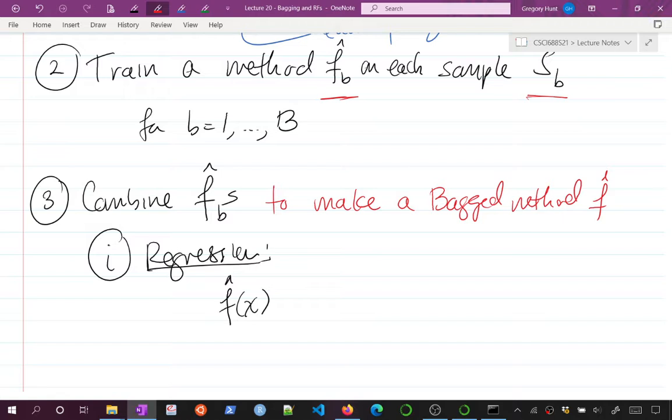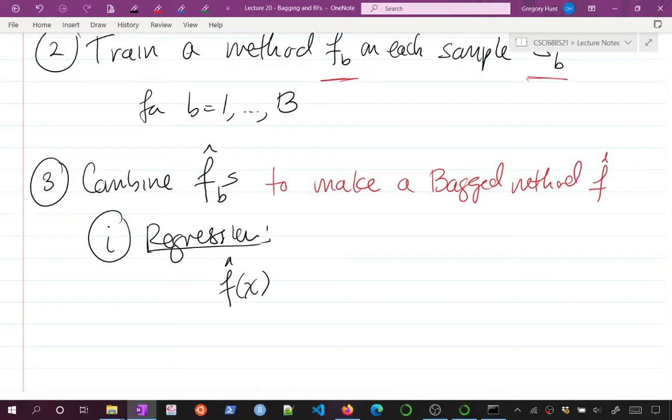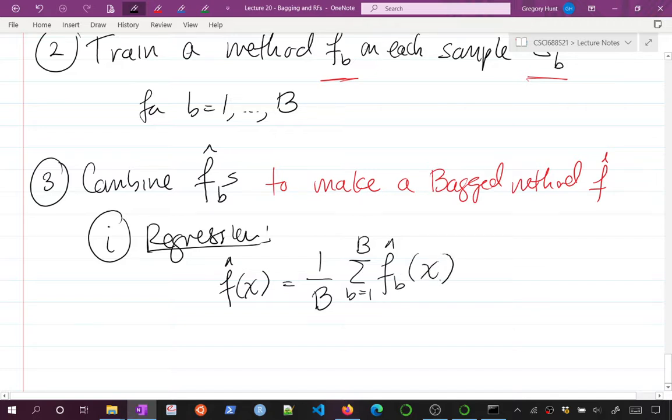We'll call the bagged method f hat. For a regression context, we're just going to say f hat predicting at some value little x is just going to be the average of the predicted value for each of my constituent classifiers.